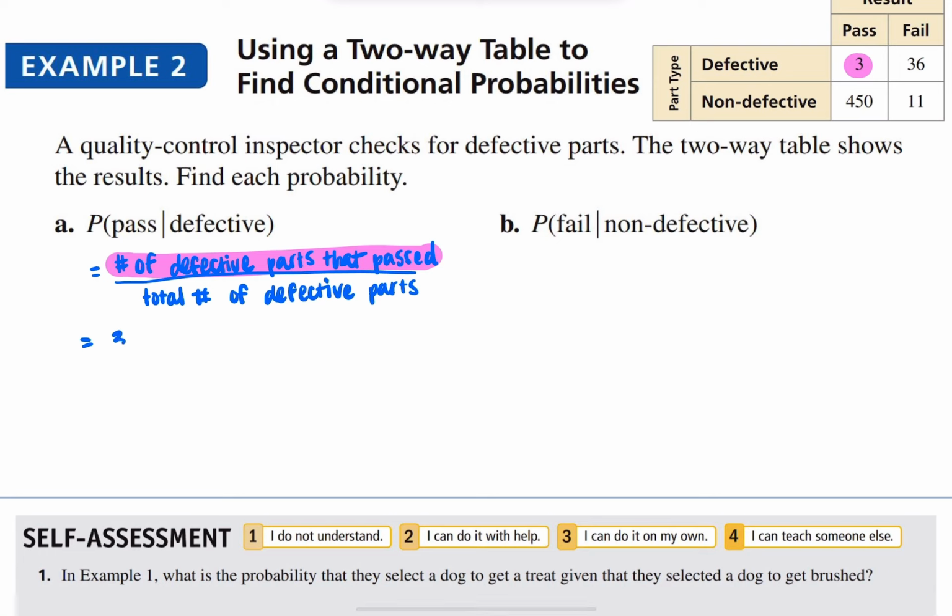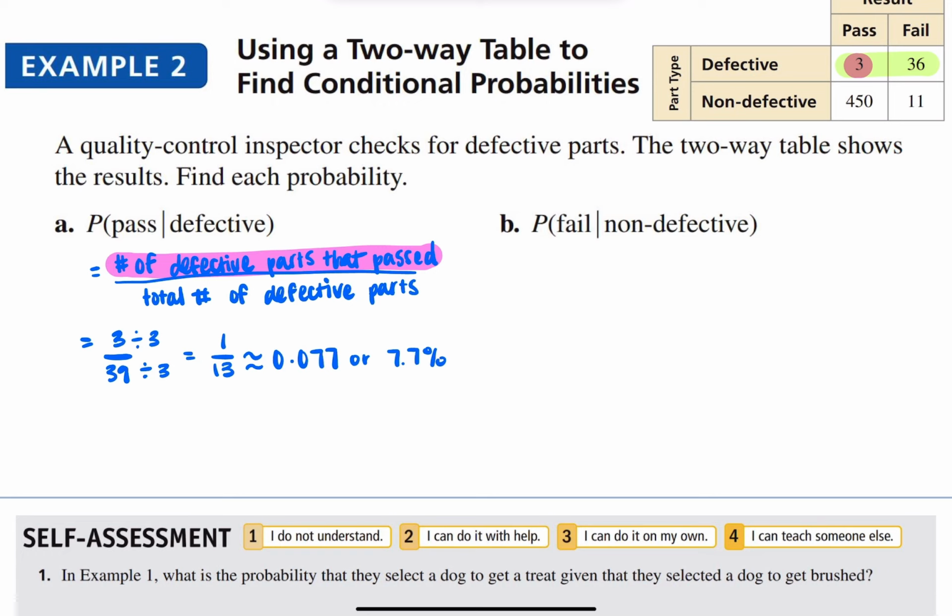So we have 3 over the total number of defective parts, which is 3 plus 36, so 39. And then we simplify, so we divide both by 3. That equals 1 over 13. Or if we want to write it as a decimal, that's about 0.077, or about 7.7%.